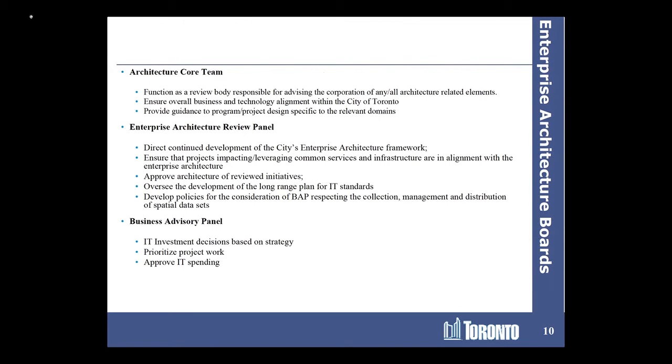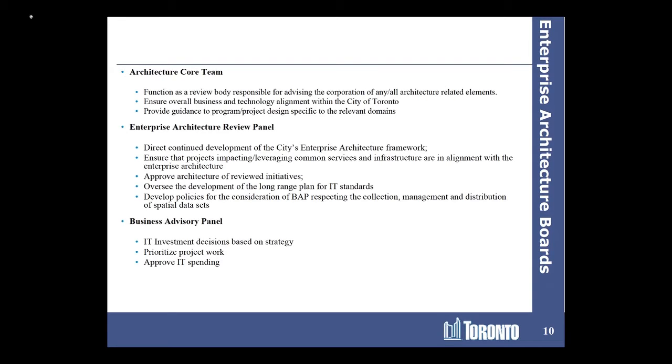So here are the 3 bodies that we have to align with some of those architecture roles. We have 3 teams: the architecture core team, what we'll call the enterprise architecture review panel, and then finally a business advisory panel. And each of those levels escalates up through the organization.